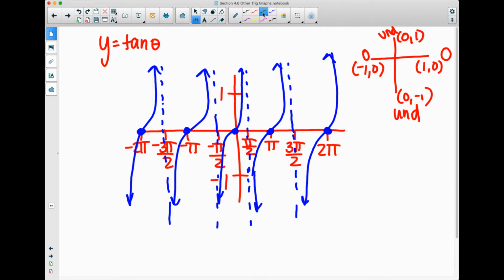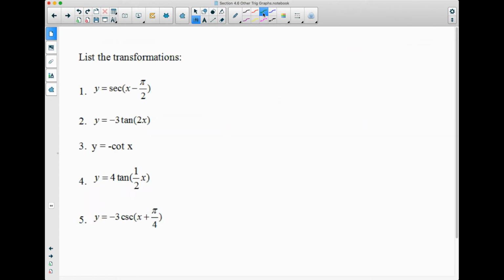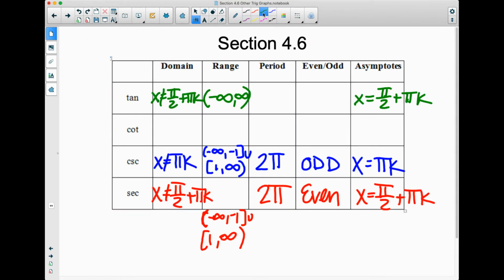Just pi, okay? So when you are looking at the period change, it's no longer 2 pi over b for those. It's pi over b. So when they're asking you to find the period of tangent, you're going to take pi over b. Okay, so that does change.